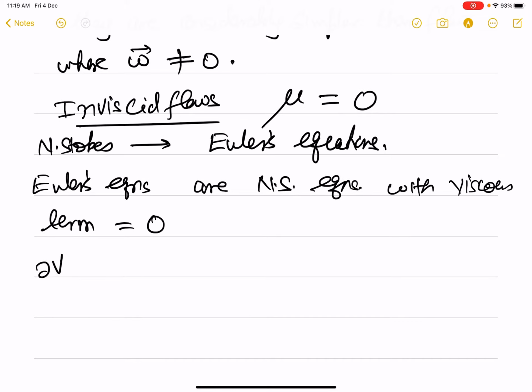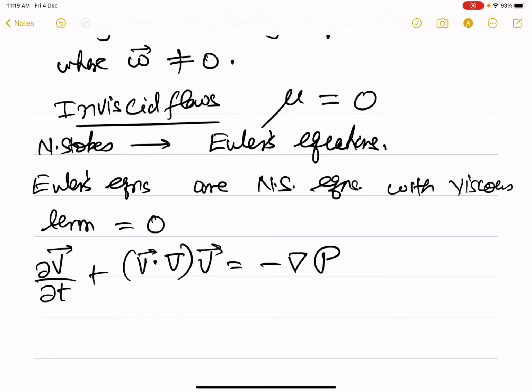That means Euler's equations are partial V by partial T plus V dot grad V equal to minus grad P by rho. I have included the gravity here. In general in Navier-Stokes the viscous term is there, but when it is 0, we get Euler's equations. And we have seen that these are also the governing equations for irrotational and incompressible flows.